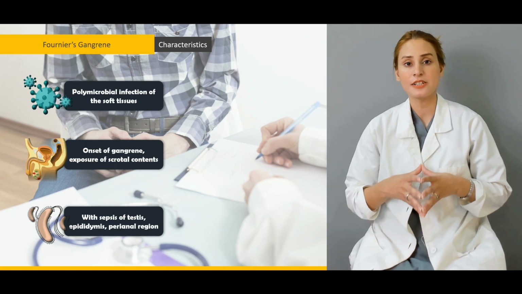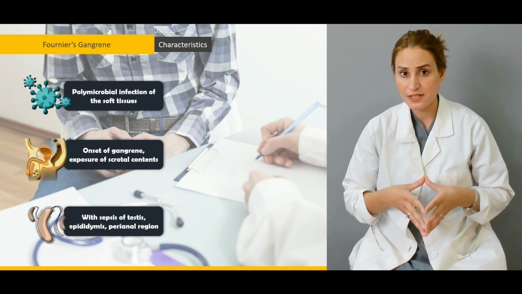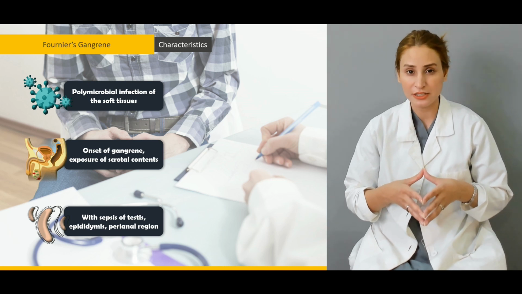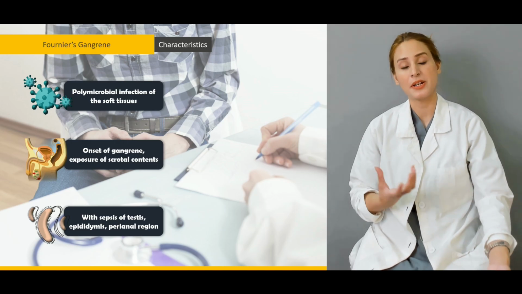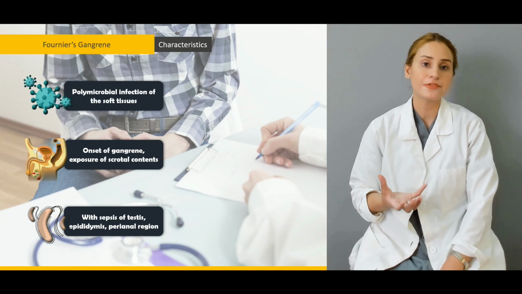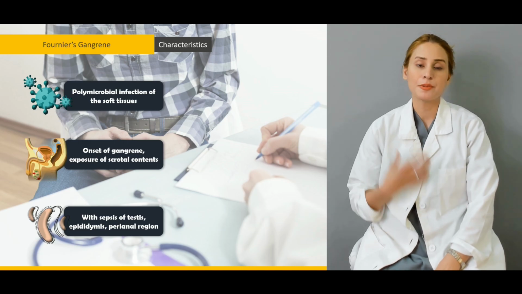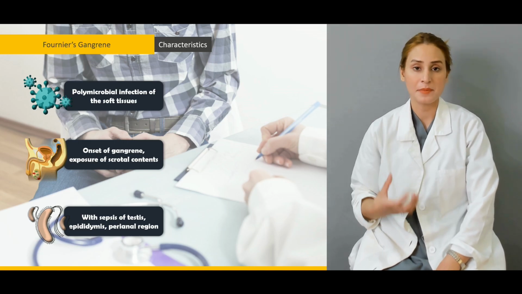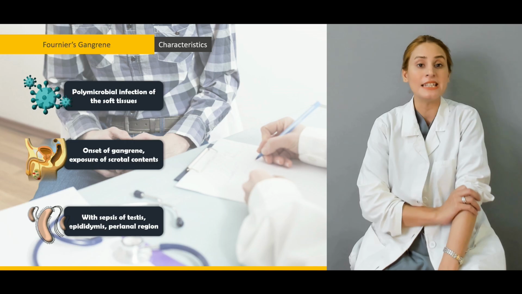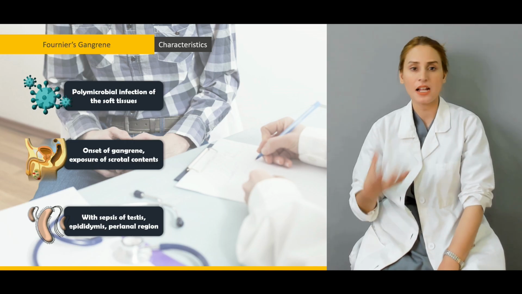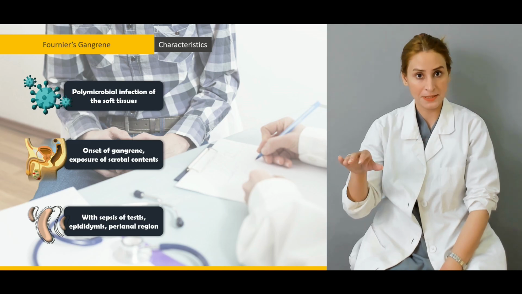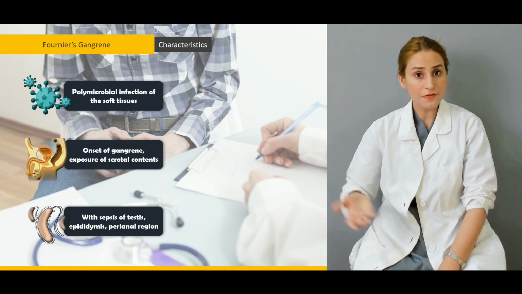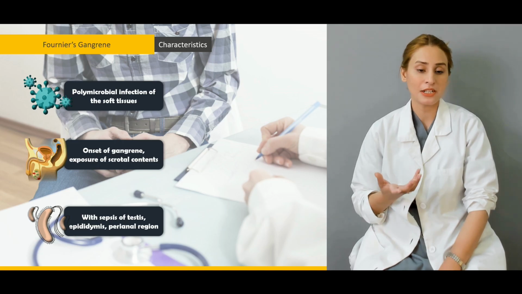If we talk about the onset of Fournier's gangrene, it's an acute inflammatory process, and with this the patient will complain of fever, pyrexia, and there would be swelling, and ultimately that swelling will lead to necrosis and sloughing off of the epidermis, and the whole necrotic tissue gets sloughed off on its own.